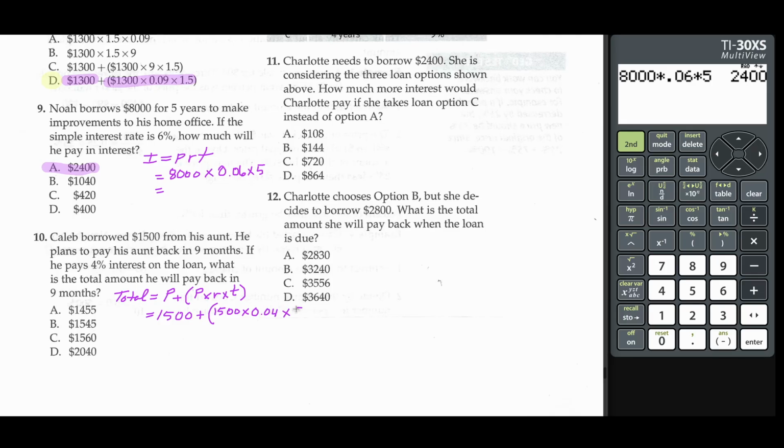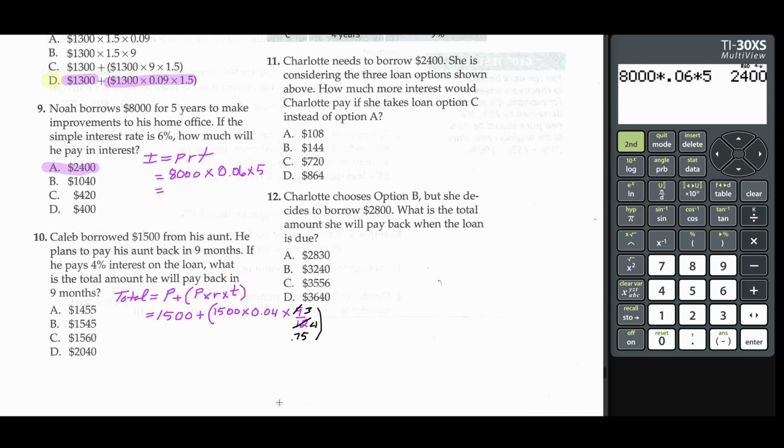That is like 9 out of 12. So what is 9 out of 12 in decimal? Or can we reduce that first to figure out? So what goes into 9 and 12? Isn't it 3? So that's 3 into 9 is 3. 3 into 12 is 4. So that's like 0.75. Okay? So we can use that number, 1,500 times 0.04 times 0.75.